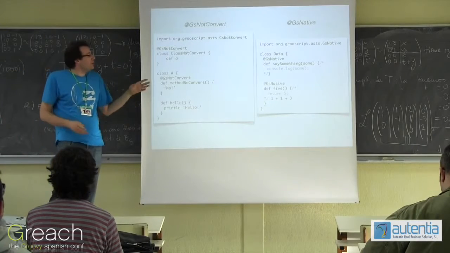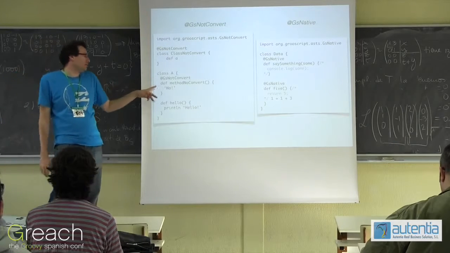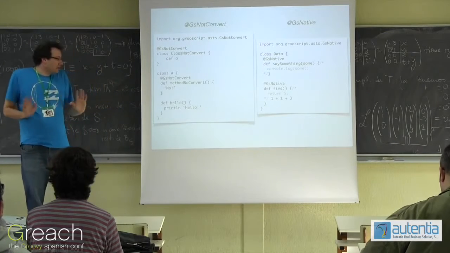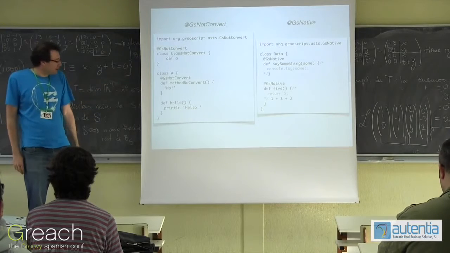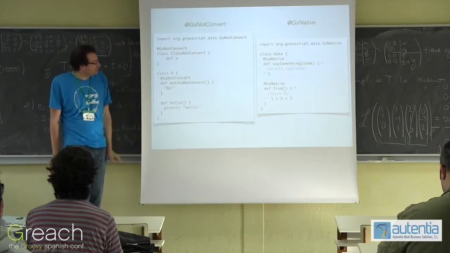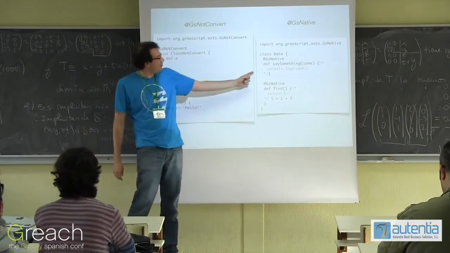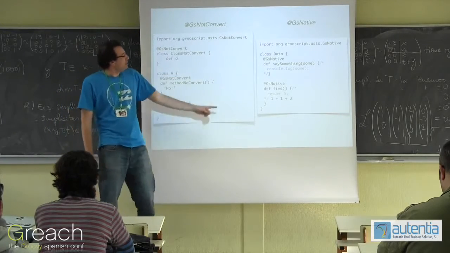So you can insert it in your code and your code will work perfectly; it's just for the conversion. I haven't used this annotation too much, but I have used that annotation.